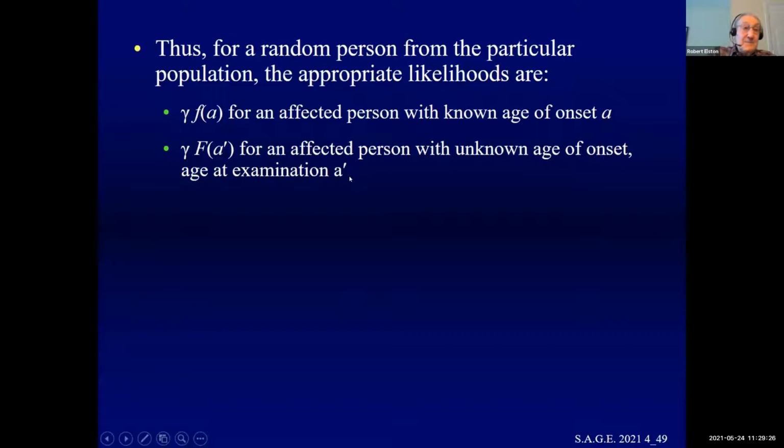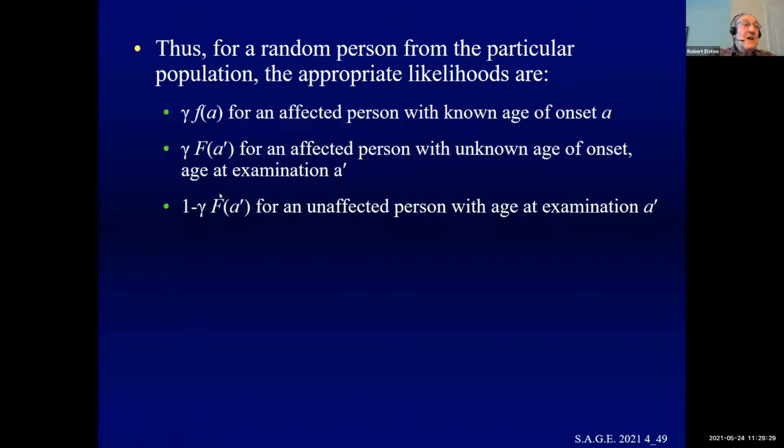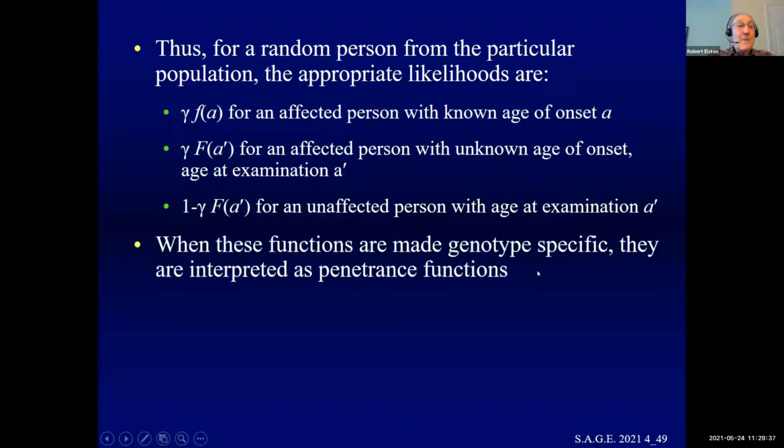All right. It's 1 minus this for an unaffected person with age at examination A prime. So when these functions are made genotype specific, they're interpreted as penetrance functions.